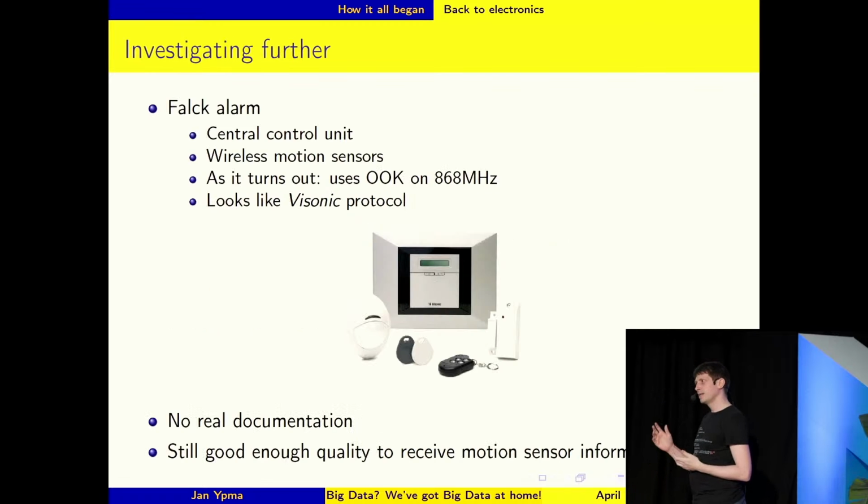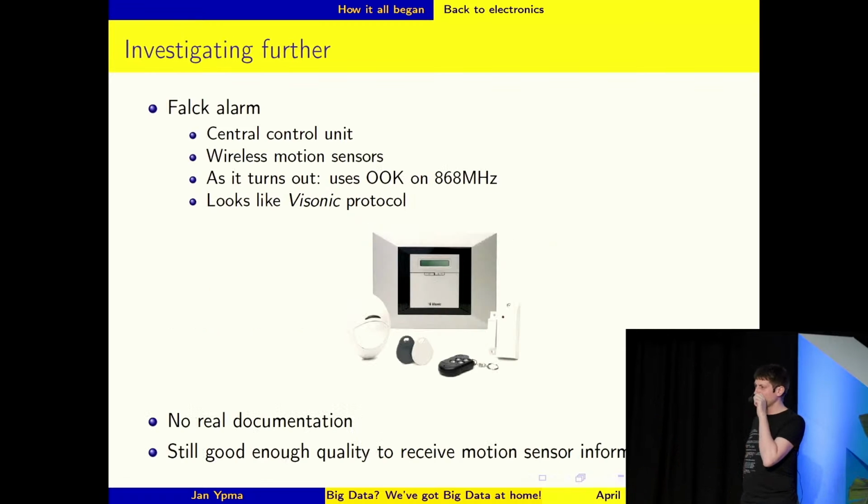At the time, the alarm system in our home used a set of components that you see there, which also turns out to use wireless on-off keying at exactly the same frequency. And imagine doing your experiment, sitting there and moving about in your chair a little bit, and then suddenly noise comes into what you're receiving.